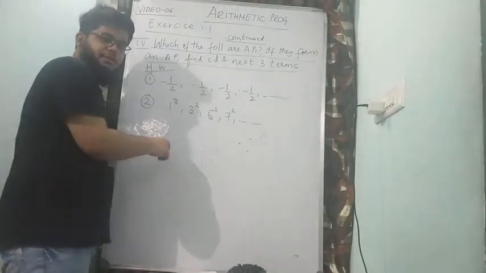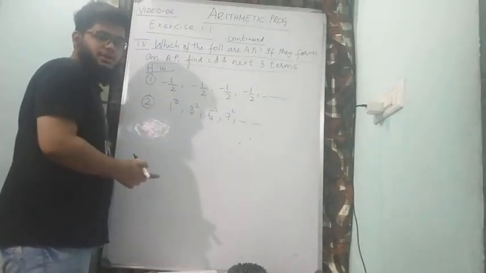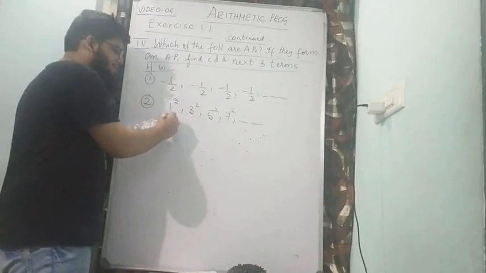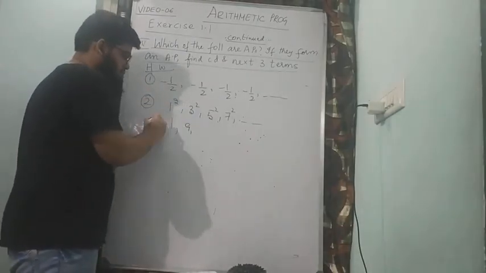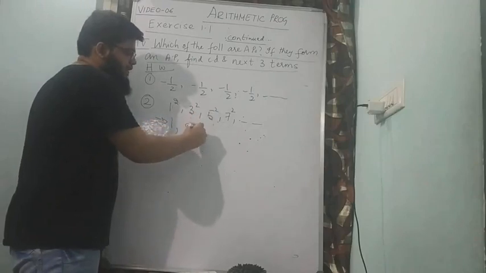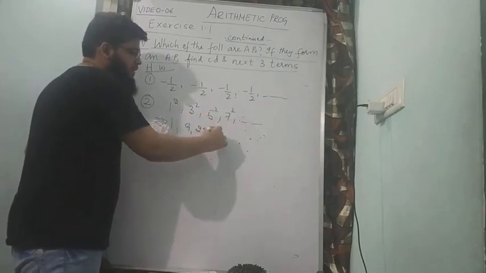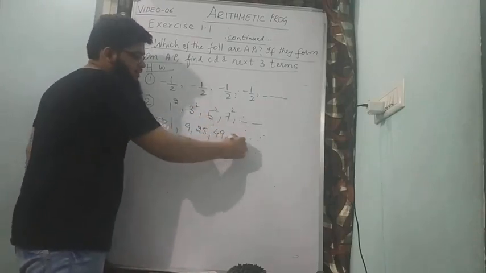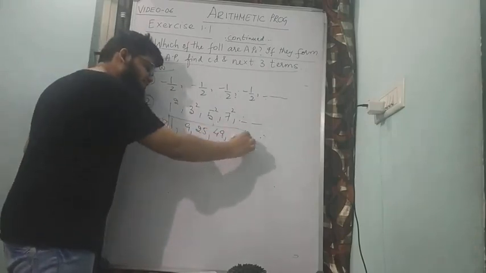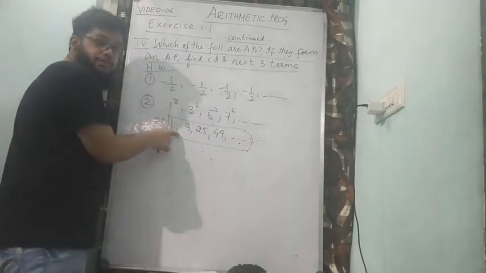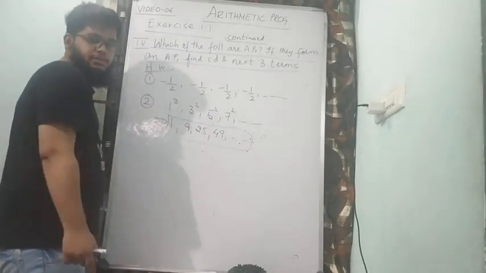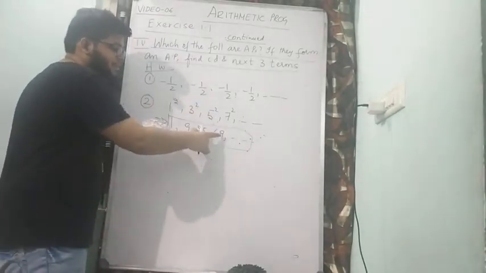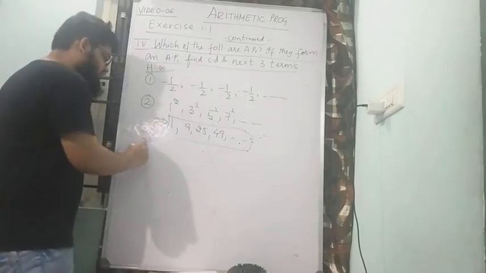Before doing the problem, we'll have to write down the squares of these numbers. 1 square will be 1, 3 square, 3 3s are 9, 5 square, 5 5s are 25, 7 square, 7 7s are 49. So consider this as the question. After writing this, simplify it to this step and then do the procedure that you have learned. We are just writing the squares and then doing the problem.